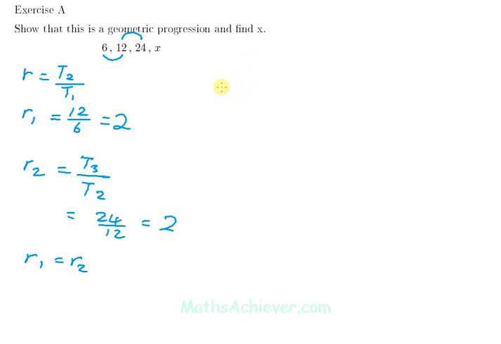We also know that the subsequent term x can be found by multiplying the preceding term with R. So x would be equal to 24R, which is equal to 24 times 2, 48.